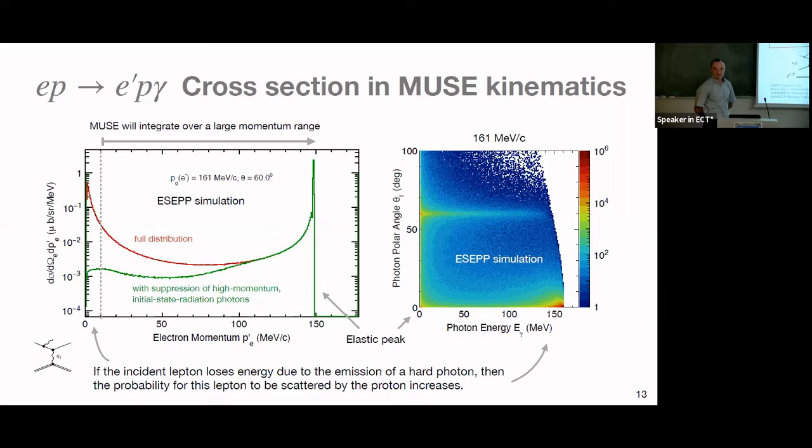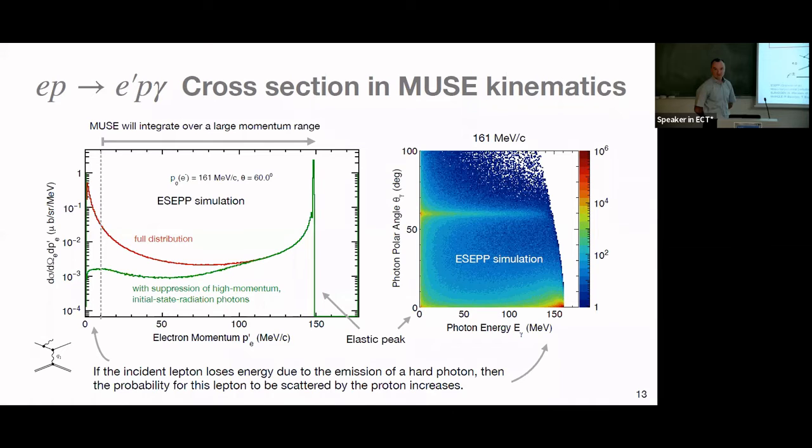If I include all the events which the event generator generates, I get back my red electron Bremsstrahlung distribution. If I were to exclude the photons which go forward, I'm ending up with a green distribution, and you see that this is exactly what will help the experiment. Instead of integrating over a range starting at a point where the cross-section is dramatically changing, we now have a strong suppression of that effect if we were to exclude events where the photon was generated and went into the forward direction.